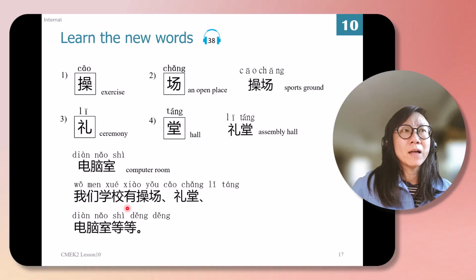Our school has the playground, the assembly hall, and computer room, and so on.